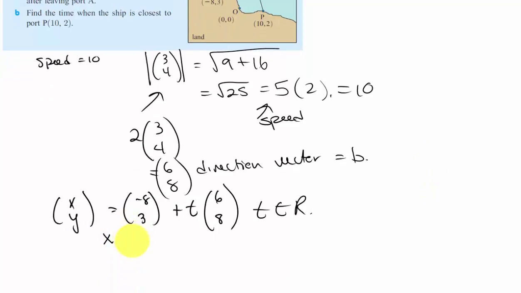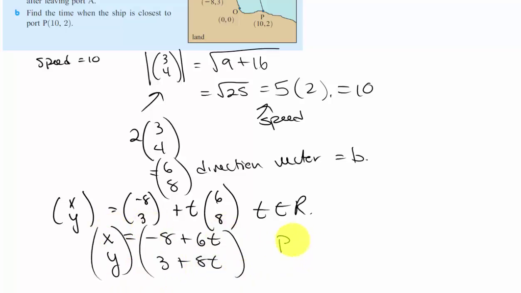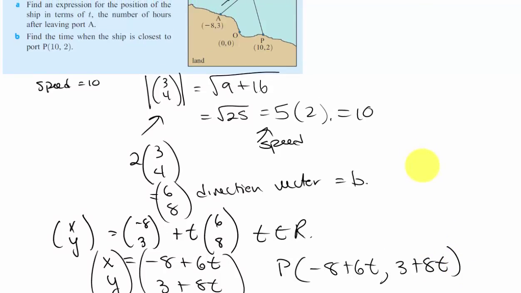So x is equal to -8 plus 6t, and y is 3 plus 8t. And then we'll write it as an actual point. And I guess based on the actual diagram, I should be using R here.